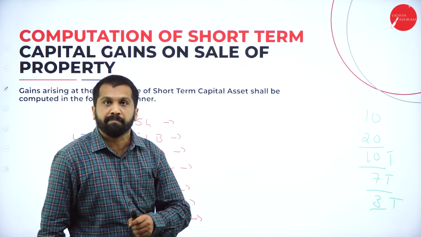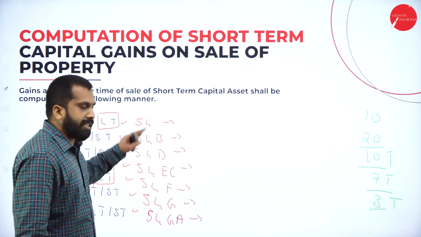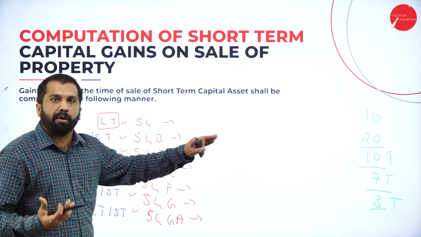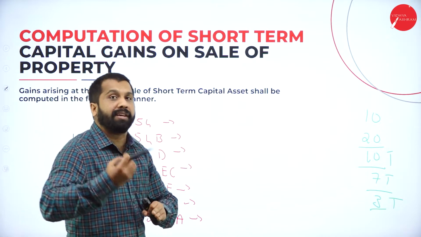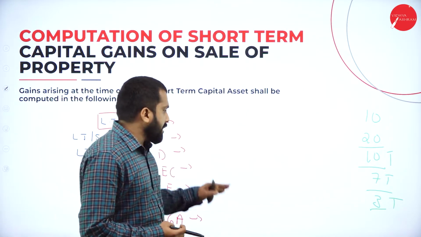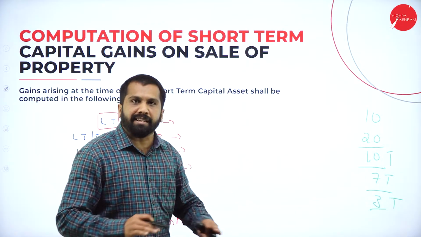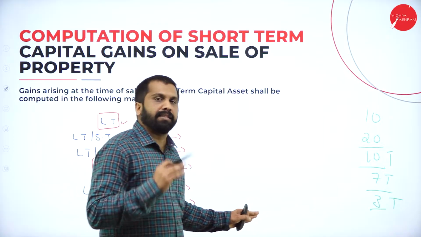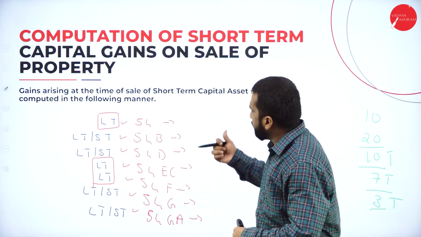Hope you are clear. Why all these sections or deductions are required: whenever you sell, whatever profit you get, from that you can invest again. After investing, if anything is left out, then only you have to pay tax. If nothing is left out, there is no tax. That's why we use all these sections.